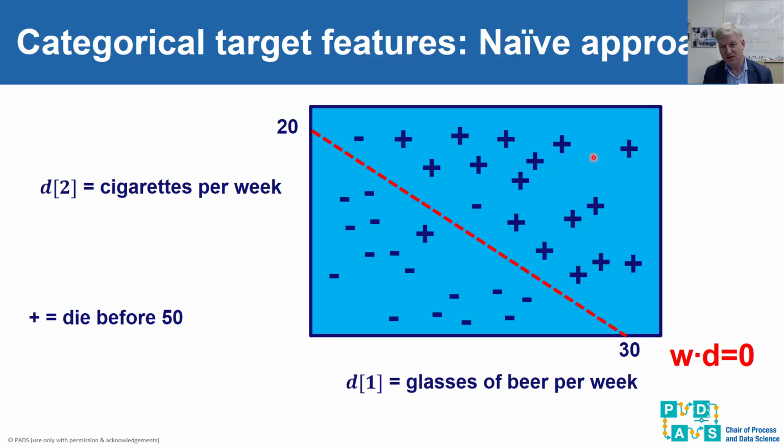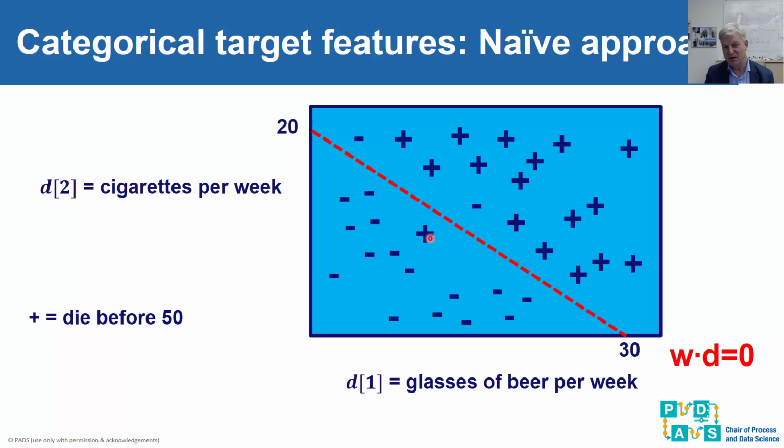This, of course, is not always possible. Suppose that this would be the best possible line separating the people that die young and the people that live long. Then this regression line is making 3 errors.